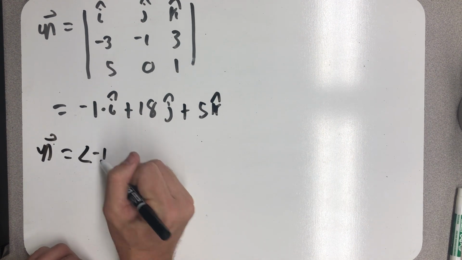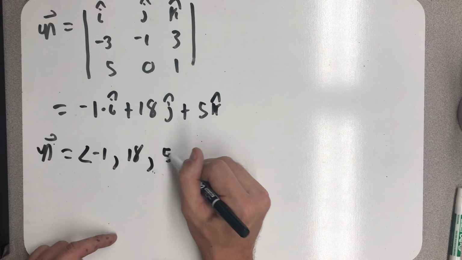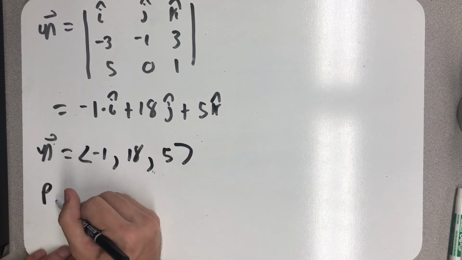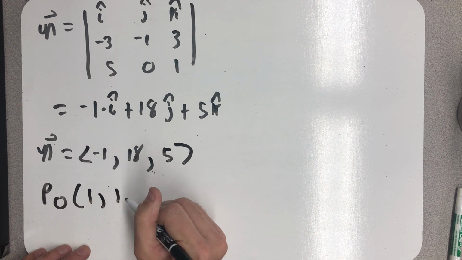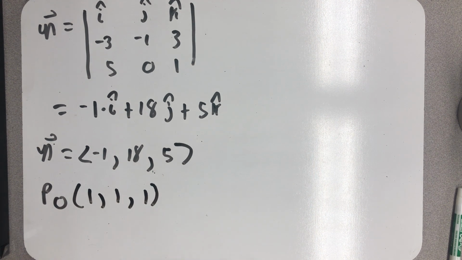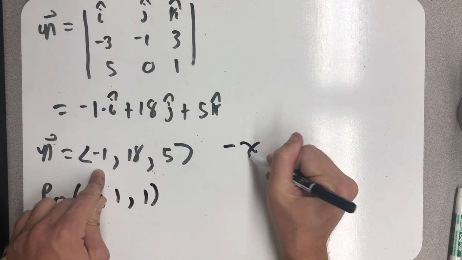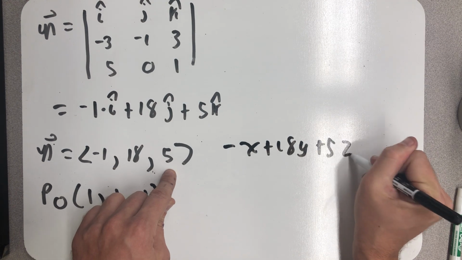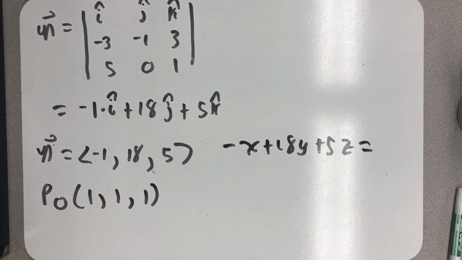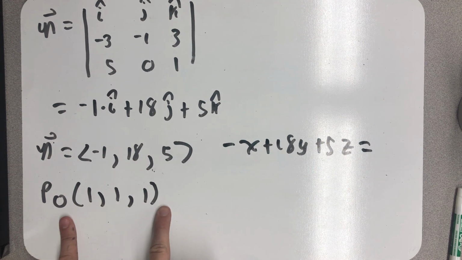A is minus 1, B is 18, and then C is 5. I was given a point P0 at the very beginning, which was the point (1, 1, 1). And I'm ready to write down the equation of my plane. Minus x plus 18y plus 5z is equal to the dot product between this vector and the vector that points at (1, 1, 1).